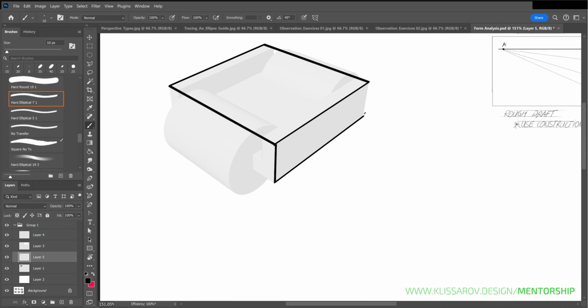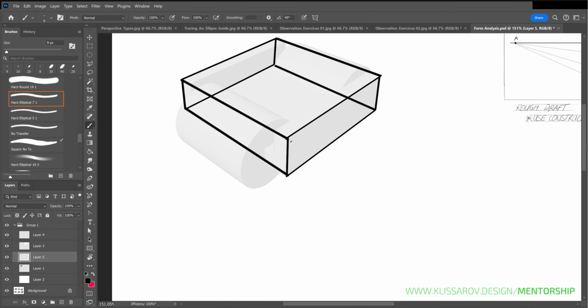It's kind of a squashed cube, something like that. Because if I analyze the size of it, I would say that it's about a third of the height of a cube.